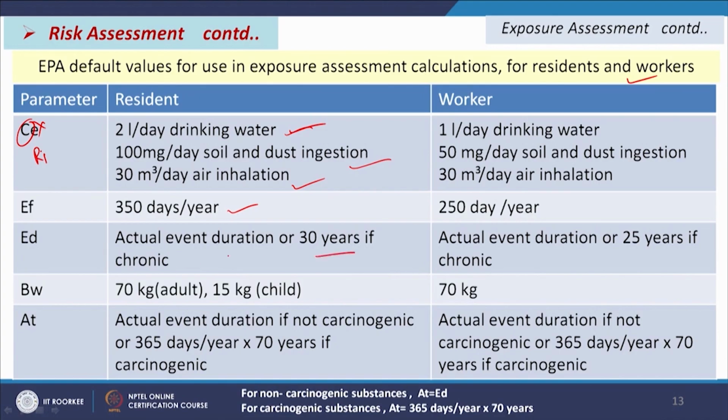If we want to consider chronic intake, then that will be 30 years, but for an actual event, that means for acute intake, it is the event duration. Bw is 70 kg for adult and 50 kg for child, and At is the actual event duration if not carcinogenic, or 365 days per year into 70 years.